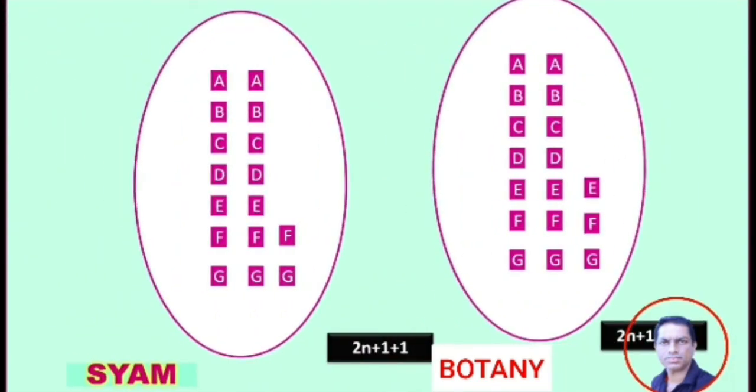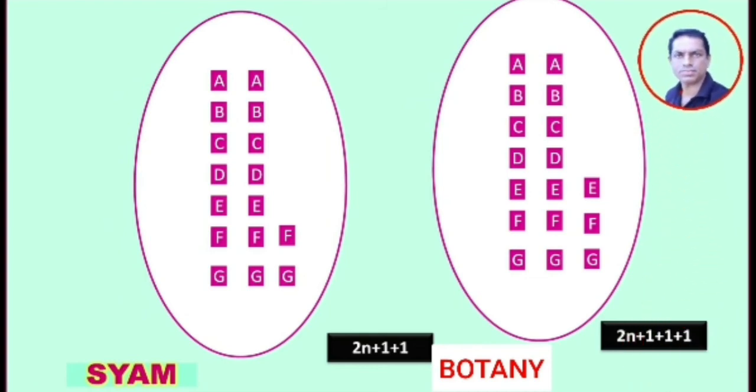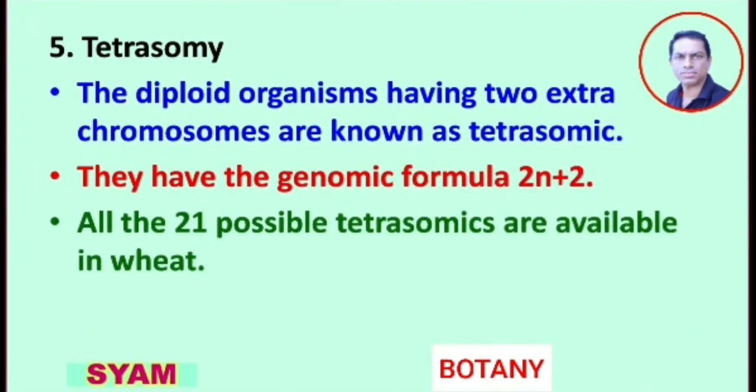This diagram represents the double trisomic and triple trisomic. So in 2n plus 1 plus 1, two individual chromosomes are added, G plus 1, F plus 1, and in a triple trisomic, three individual chromosomes are added, E plus 1, F plus 1, G plus 1. So they lead to genetic imbalance.